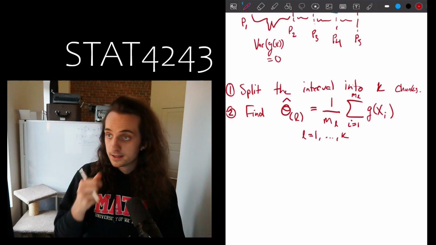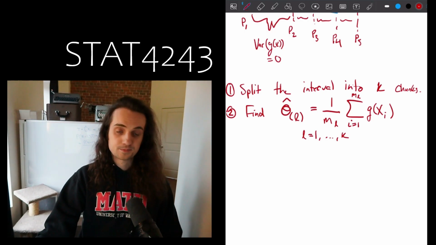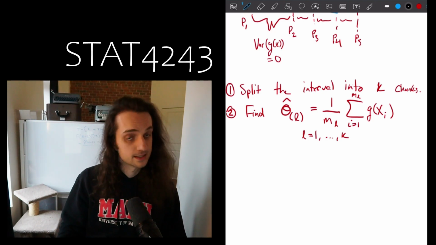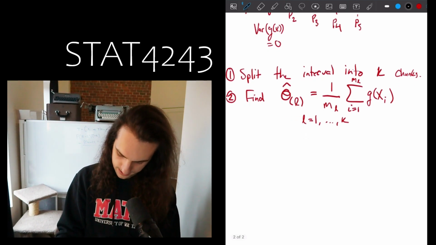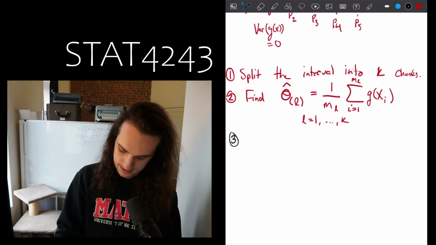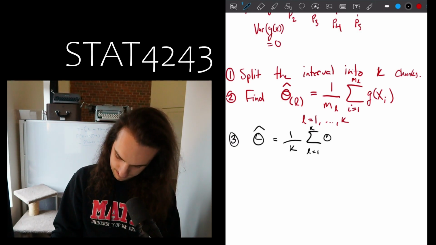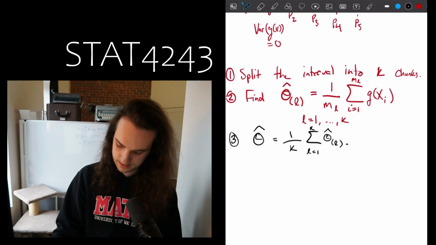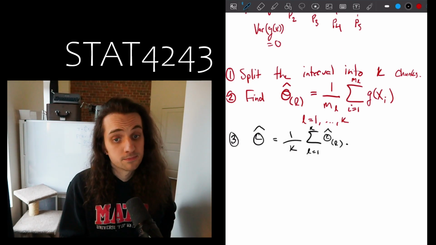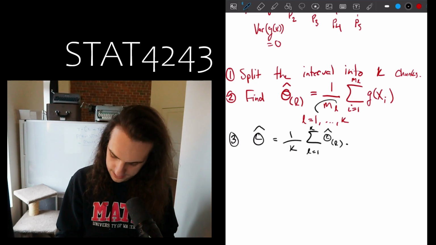Right? And then essentially what we want to do is put together all of these pieces into our overall estimate. So we form theta hat equal to perhaps 1 over k times the sum from L equals 1 to k of theta hat L, right? And you might not want to do a simple average here if these m_L are different.